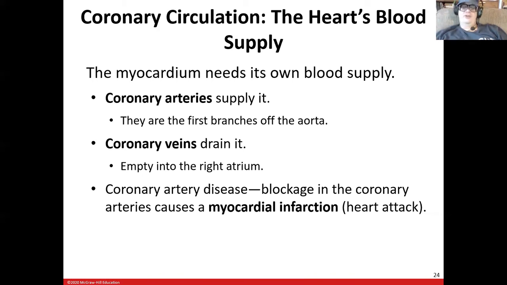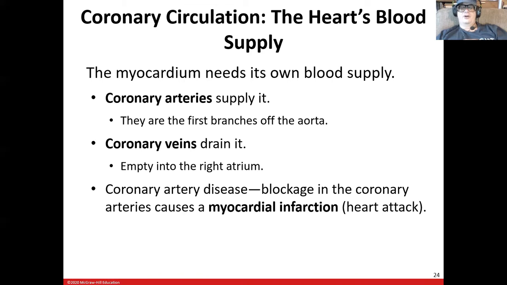And since the muscle of the heart needs oxygen, the muscle of the heart has its own blood vessels. We call these the coronary arteries that deliver blood to the heart muscle, and the coronary veins that drain the blood away after we've already given oxygen, given nutrients, and we've picked up waste.